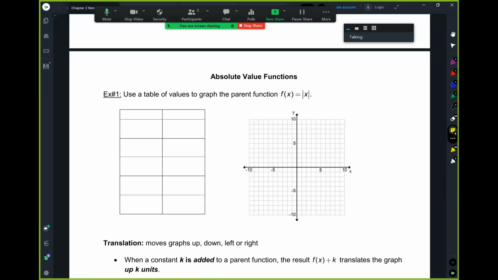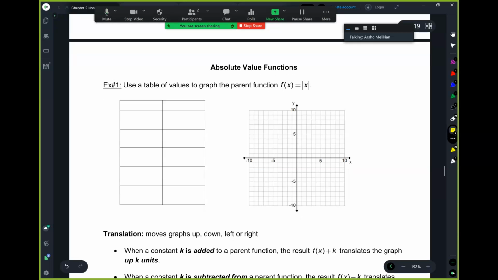Okay, so let's take a look at how we graph them. In the beginning, we start graphing them with a table, and then you'll be experts, and little by little, it won't be as necessary anymore. Okay, so we're gonna talk about f of x equals absolute value x. So we're gonna plug in values for x and get values for y. Of course you're free to plug in any number that you want, but there are some wise choices that will give you a better look.